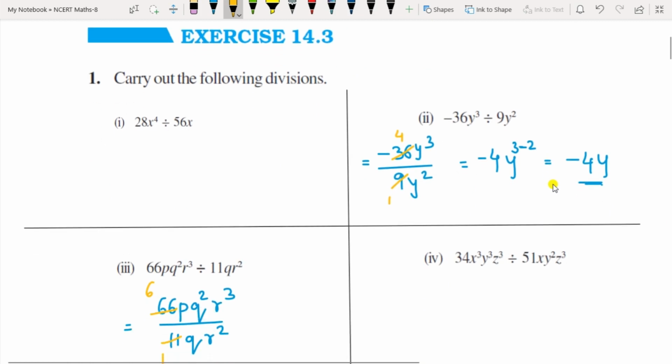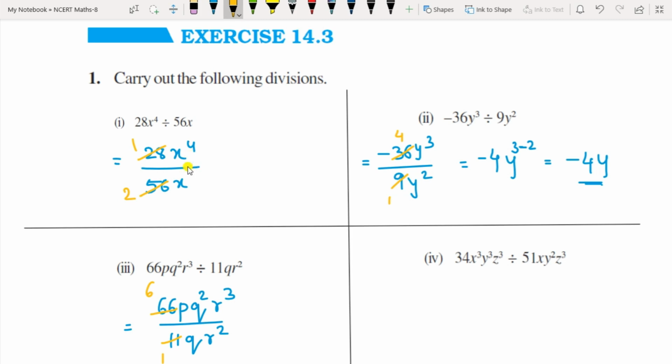Now it is division of the polynomials. So we have to carry out the divisions here. Now this is a monomial and this is also a monomial. So you have to simply write it in the form of a fraction, that is 28x raised to 4 upon 56x. Okay. So now here 28 1s are 28, 2s are 56.